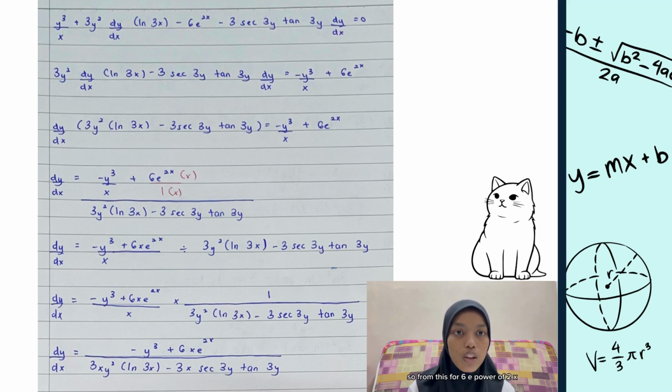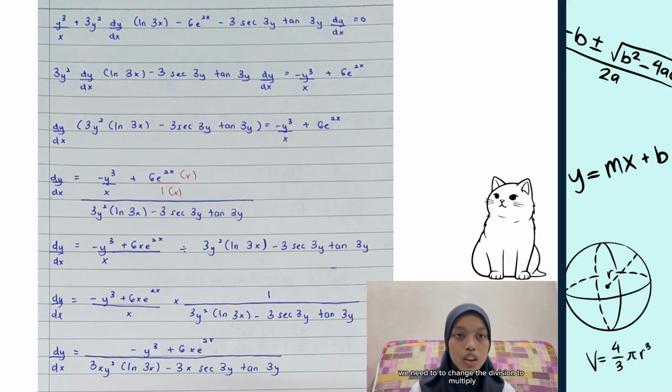So from this, for 6e to the power of 2x, we need to multiply with x over x. So from this, we can combine the equation that is negative y to the power of 3 plus 6x e to the power of 2x over x, and we need to divide it by 3y squared log 3x minus 3 secant 3y tangent 3y.